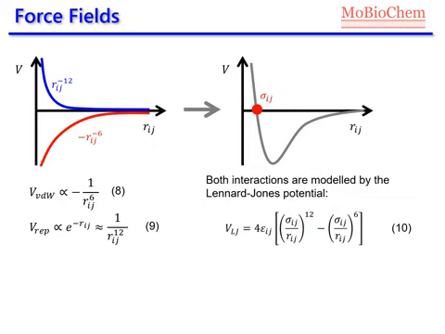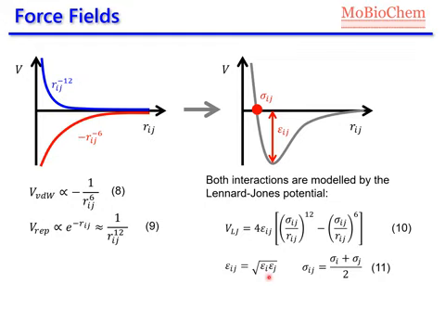Sigma is the separation between the atoms where the potential energy is 0, and epsilon is the well of the potential. Usually we don't have sigma and epsilon for each pair of atoms, but we have individual epsilon and sigma for each atom type.